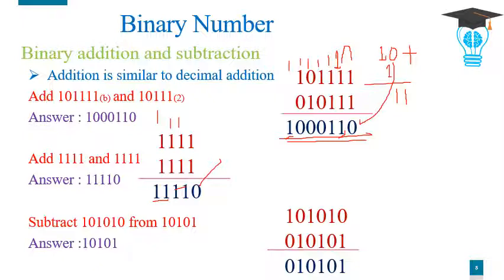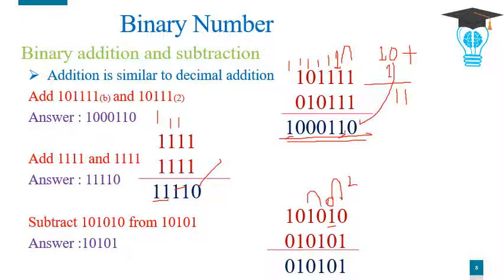Subtraction. Subtraction is also like decimal subtraction. 1 cannot be subtracted from 0. I have to take a borrow from here. Borrow from here is 2 and 2 minus 1 is 1. I took this 1 bit to the next level, so nothing is left here. This is 0 here. 0 minus 0 is 0. Again, I cannot subtract 1 from this.